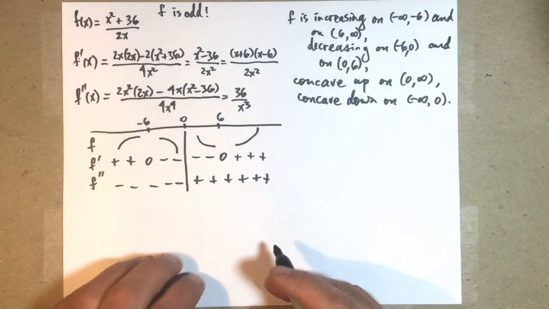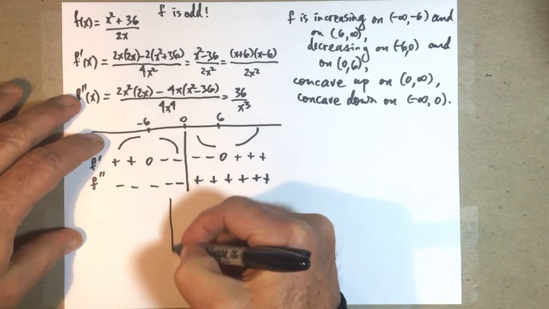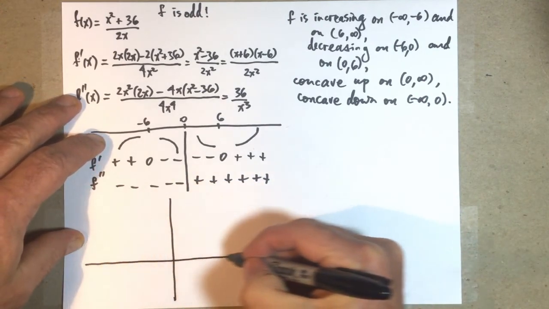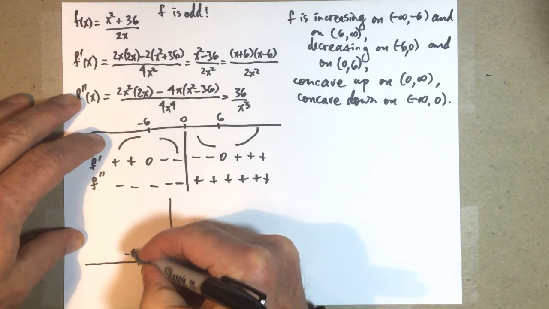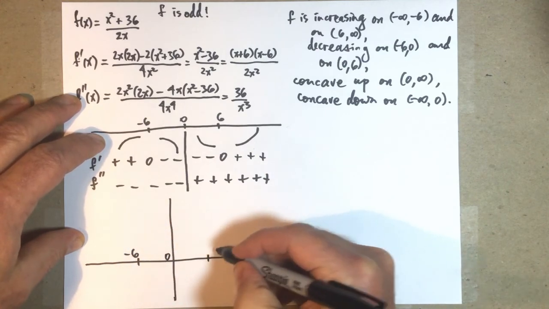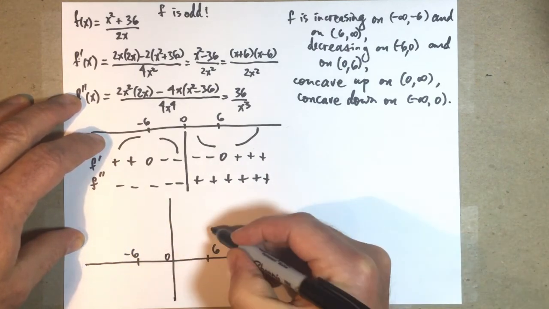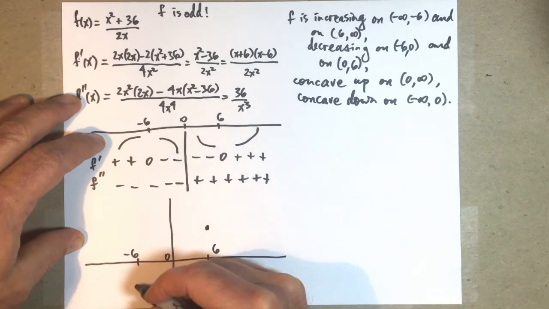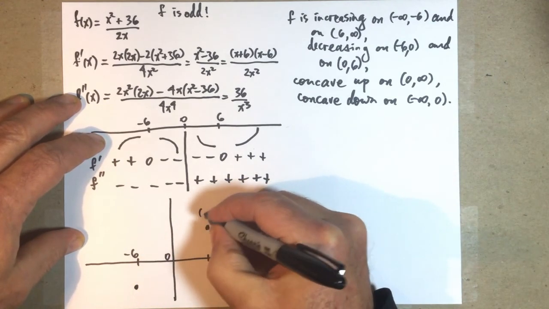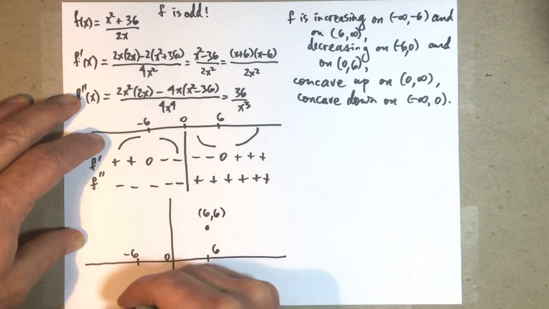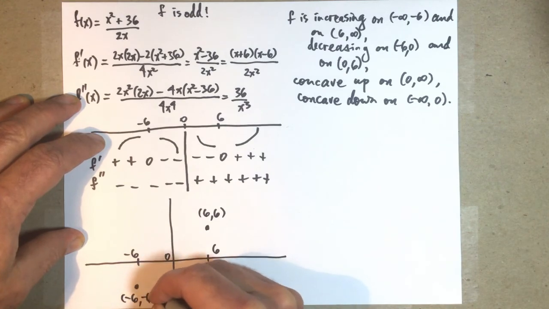Let's go ahead and start the graph. I'll indicate our points of interest. I'll fill in the values of the function at those points. I have 6, 6, minus 6, minus 6.